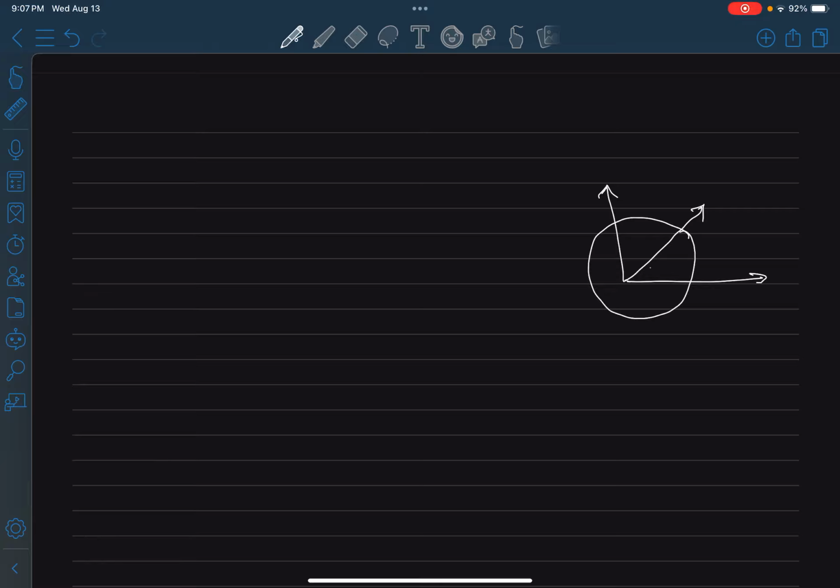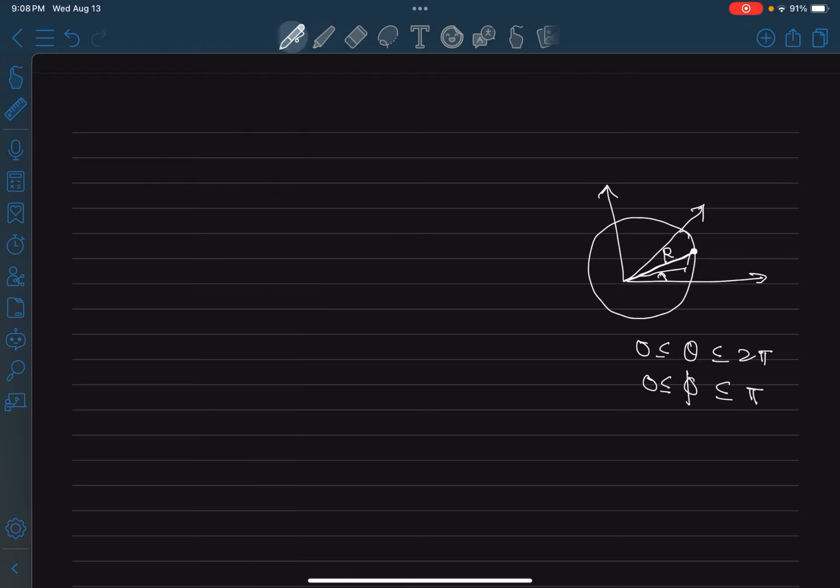Now, for surface area, our rho is constant. The rho is just r. And now we need to find out, basically, when this theta goes from 0 to 2 pi, and this phi goes from 0 to pi.